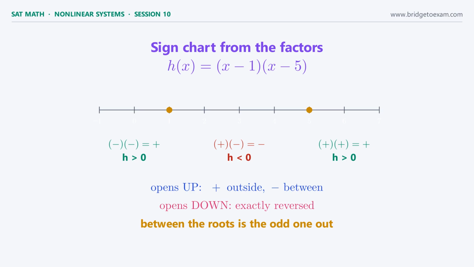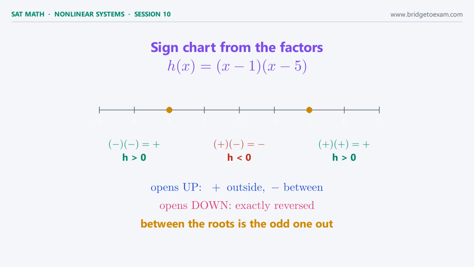To the left of 1, both factors are negative, and negative times negative is positive, so h is positive. Between 1 and 5, the first factor turned positive, but the second is still negative. Positive times negative is negative, so h is negative there. To the right of 5, both are positive, so h is positive again. See the pattern? For an upward opening parabola, it's positive outside the roots, and negative between them.